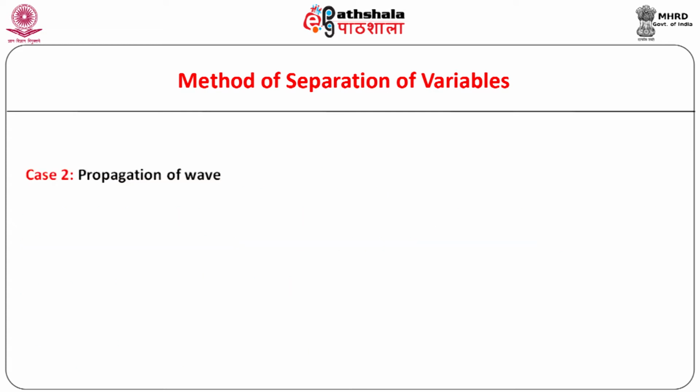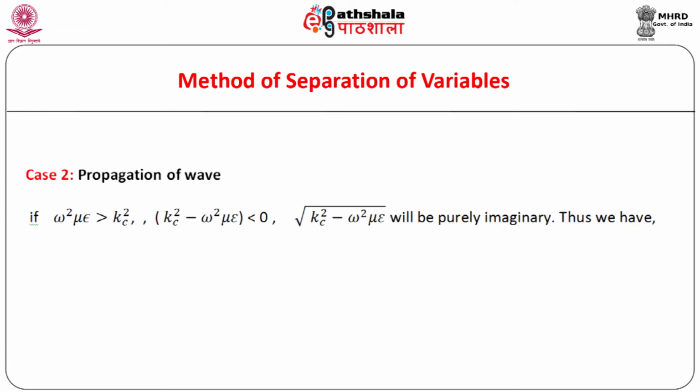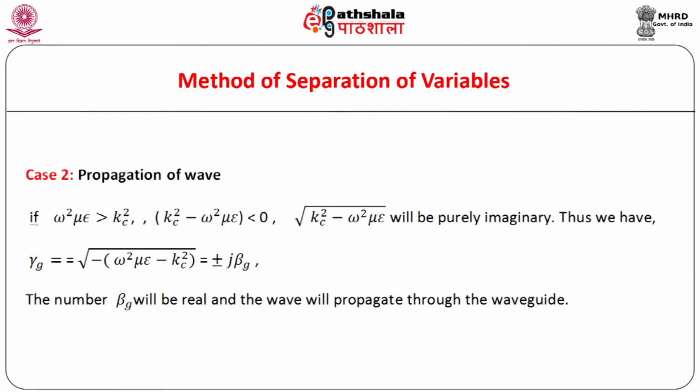Case number 2, propagation of wave. If omega squared mu epsilon is greater than kc squared, then under root of kc squared minus omega squared mu epsilon will be purely imaginary. Thus, we have gamma g equal to plus or minus j beta g. The number beta g will be real and the wave will propagate through the waveguide.